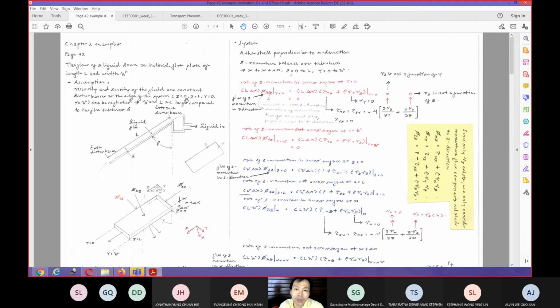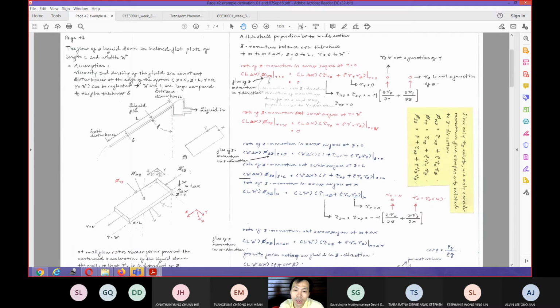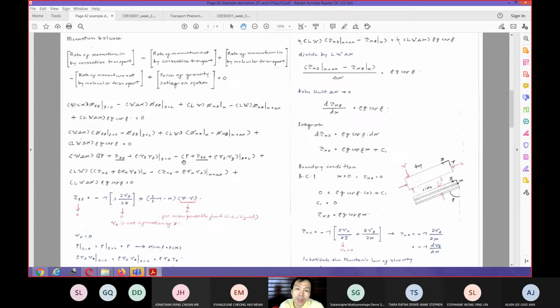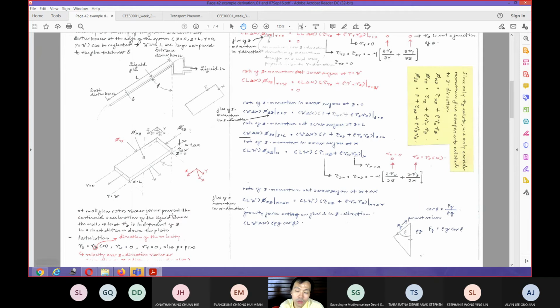So the disturbance at the edge of the system can be neglected, and this will be valid if your W and L are much larger compared to the film thickness. That is very important. And then at small flow rates, the viscous forces prevent the continued acceleration of the liquid down the wall, so we can assume that the velocity is independent of z.